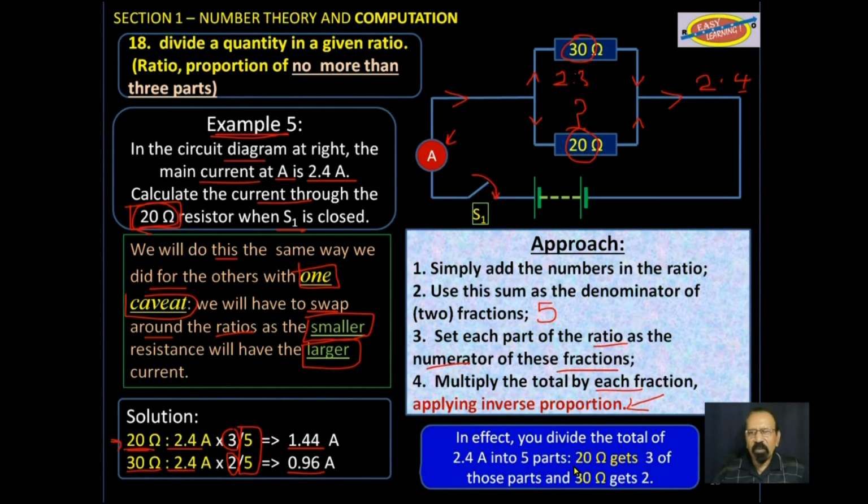So in effect, you divide the total 2.4 amp into 5 parts, 2 to 3, with the 20 ohm resistor getting the larger current and the 30 ohm resistor getting the smaller share of the current. So all you needed to do was this part here.